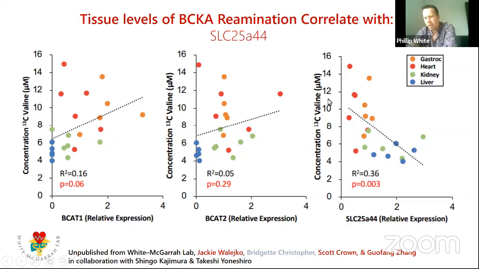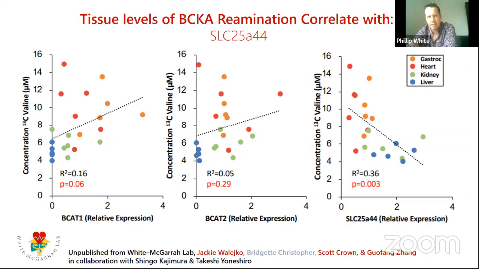When we looked at the expression of this novel solute carrier across the different tissues where we measured the accumulation of reaminated valine, we see that there's a very tight correlation between the expression of the mitochondrial importer of the branched-chain amino acids and the accumulation of reaminated branched-chain amino acids, suggesting that those keto acids that are rapidly reaminated may indeed be sequestered away from the mitochondria and further oxidation because there's low expression of the importer that will get them back from the cytosol into the mitochondria.